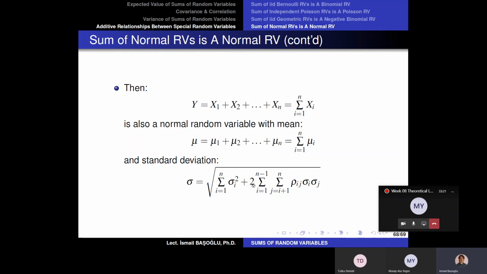Because we are multiplying the upper triangular elements of the covariance matrix here by 2, we are not summing over the lower triangular elements, just like we have done in yesterday's course. So for all possible pairwise combinations within this sequence, such that the index i is less than the index j, you multiply the correlations with the respective standard deviations, and you also multiply them by 2 because you do not consider the indices where i is greater than j.